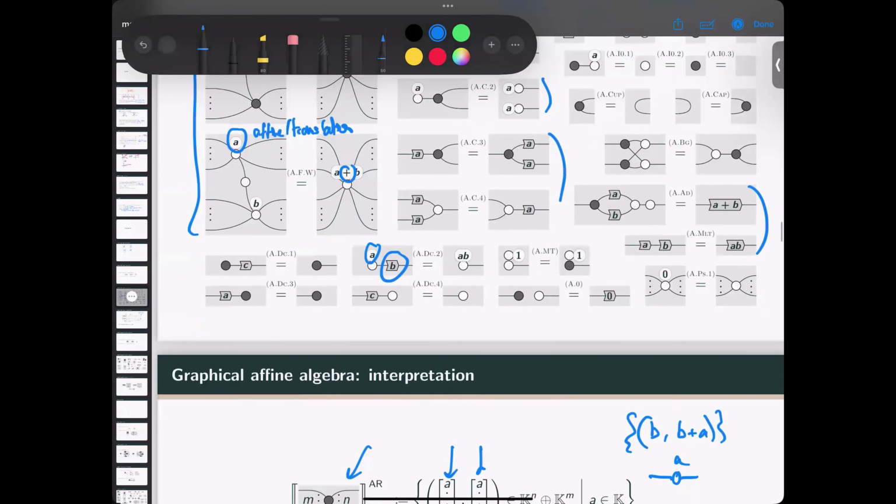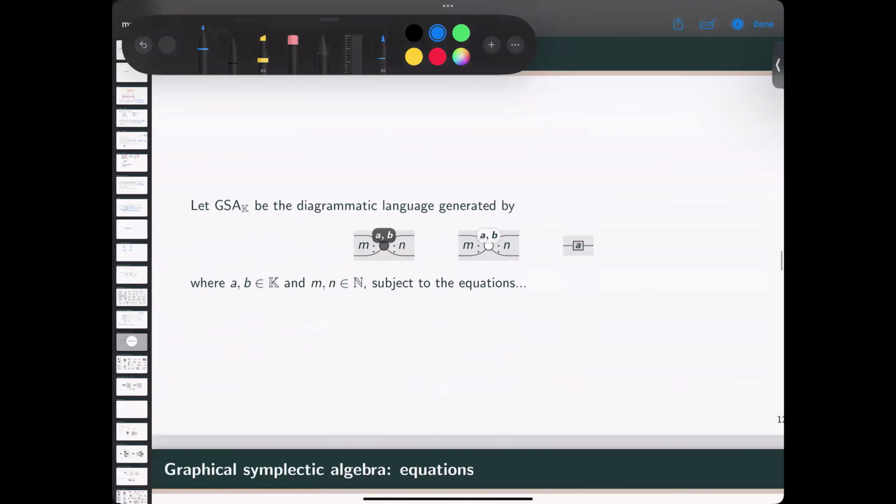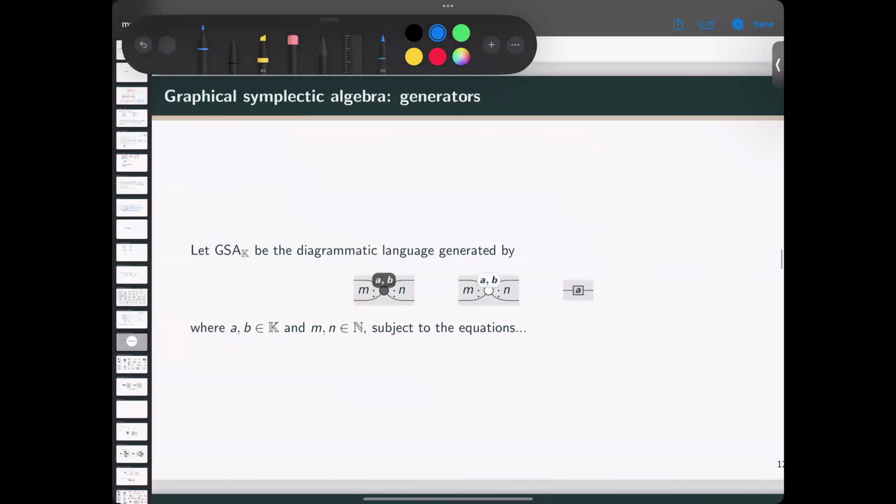Perfect. Okay. So if there are no more questions, I'll move on to what this talk is really about, which is this diagrammatic language, which we call graphical symplectic algebra, which is now generated by this pair of two spiders that both have labels where A and B are both in the finite field.